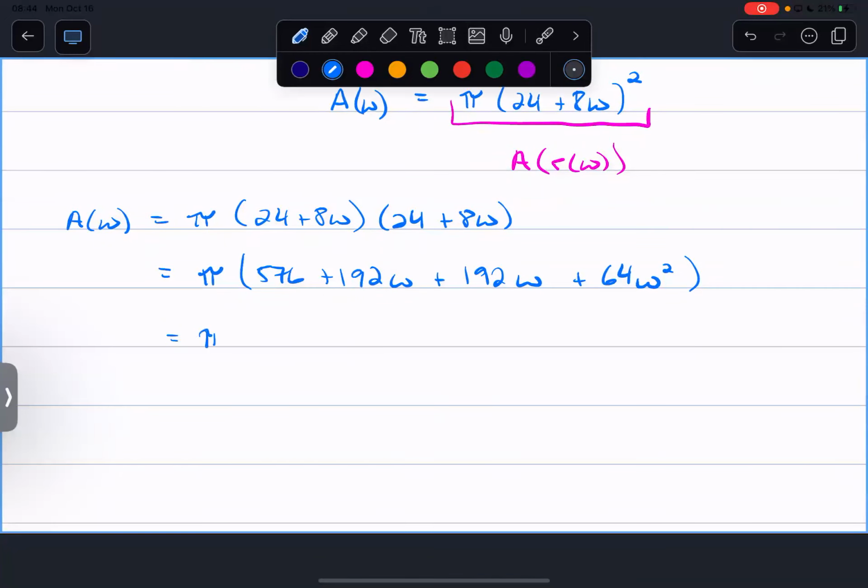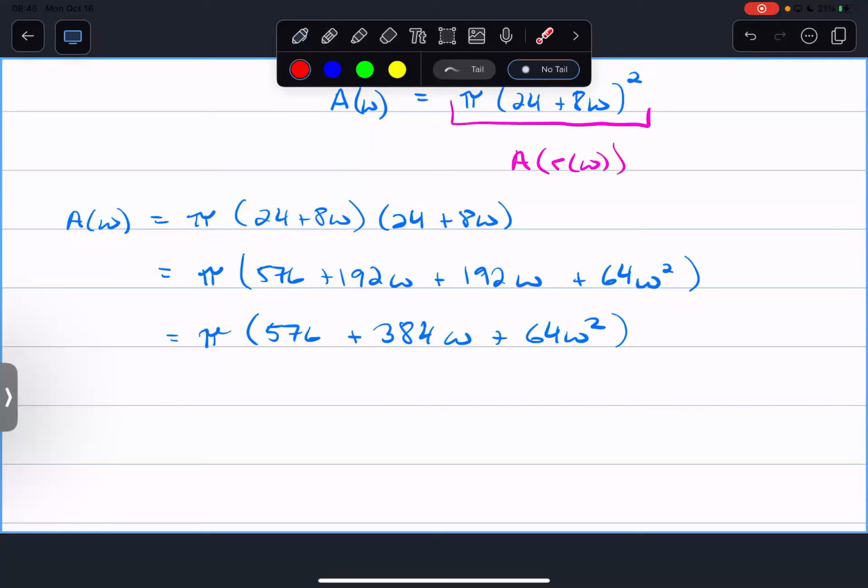So I get pi times 576 plus 384W plus 64W squared. I can rearrange this. Usually what we do is we rearrange with the highest to lowest powers, just in the right order. But for now, let's leave it here.